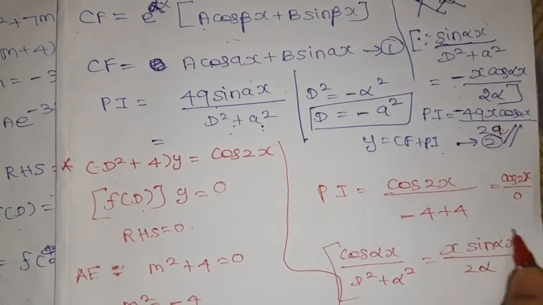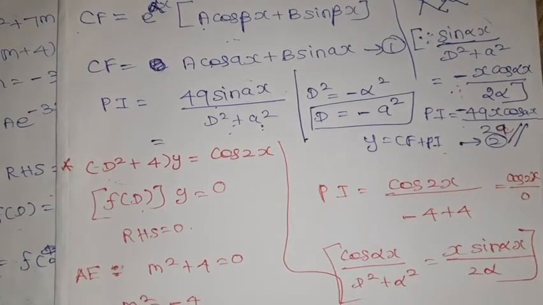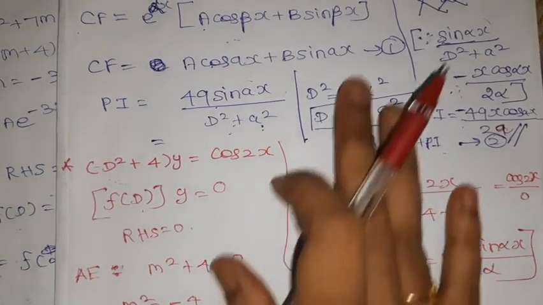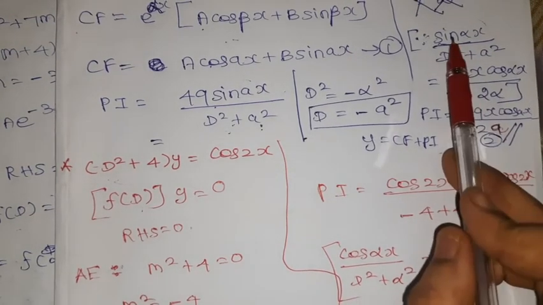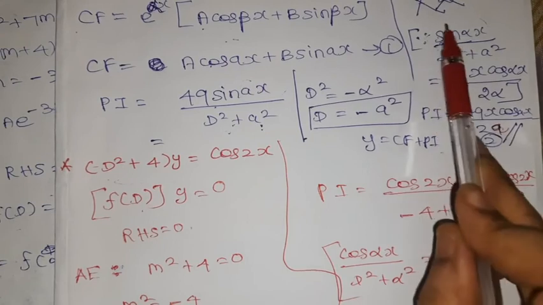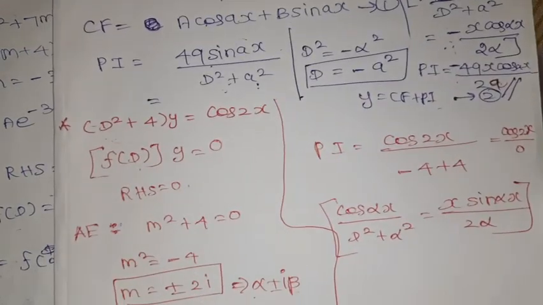The minus sign won't come there. For cos we will have sin, and for sin we will have cos, and for this we should include the minus sign. If we know this derivative, it is easy to solve in exams.